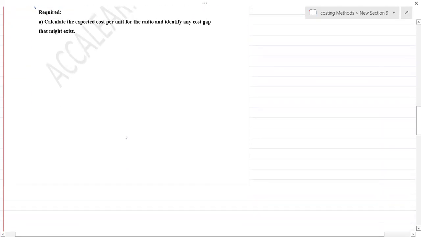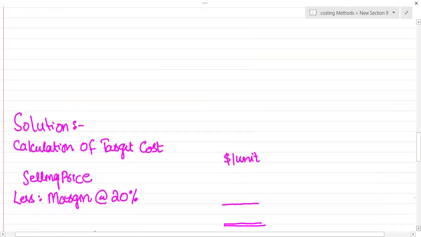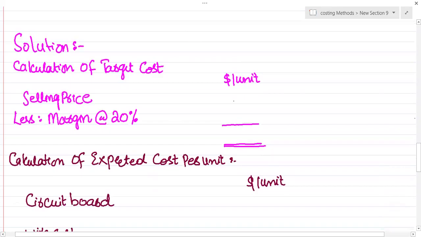First of all, we have to know the target cost. What is your target cost? The selling price of the product is 44. Your required margin is 20% of 44. 44 into 20%, you will get 8.8.